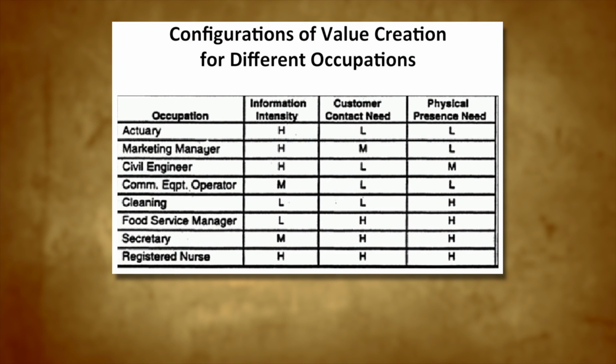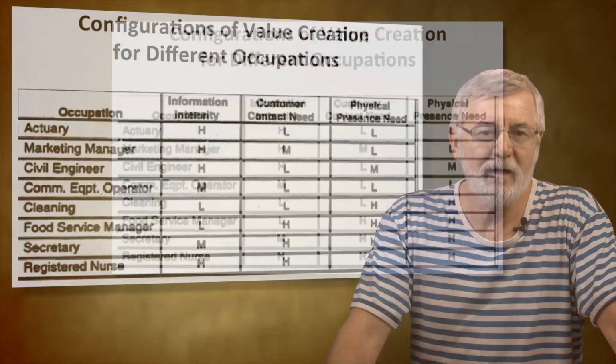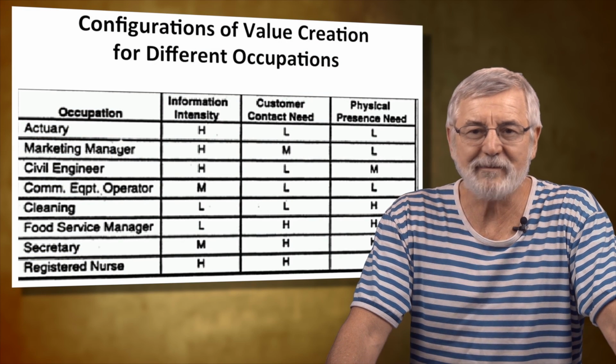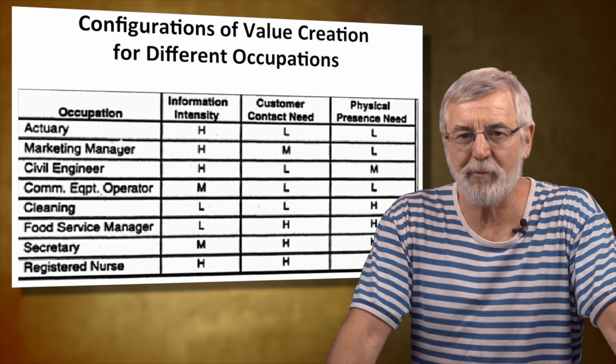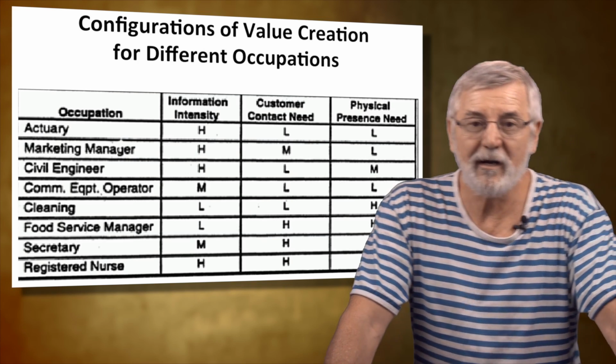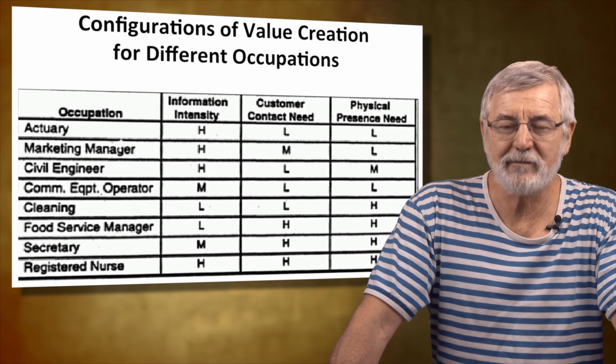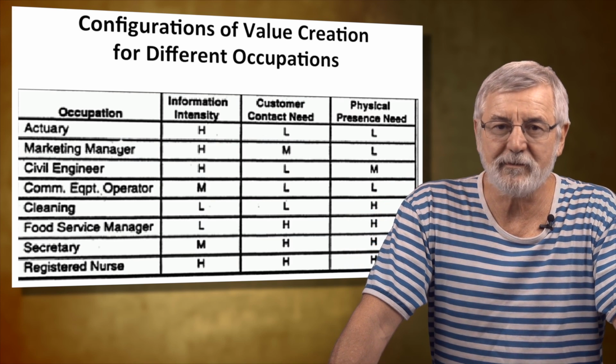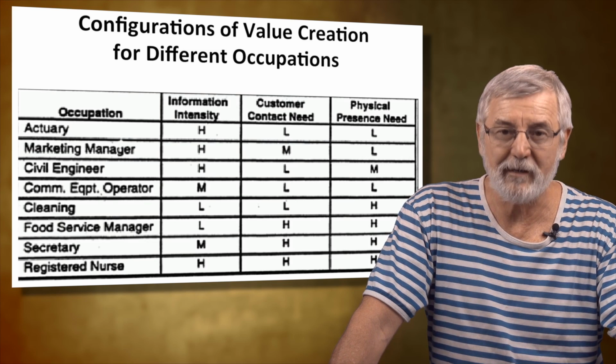Here they analyze different kinds of occupations, and they essentially are saying, well, an accountant or actuary is very high in information but very low on interpersonal need or physical presence need. A cleaning service has to be physically present, doesn't have to interact with you as a person or as information exchange. A nurse requires highly engaged interaction on physical, interpersonal, and information dimensions.